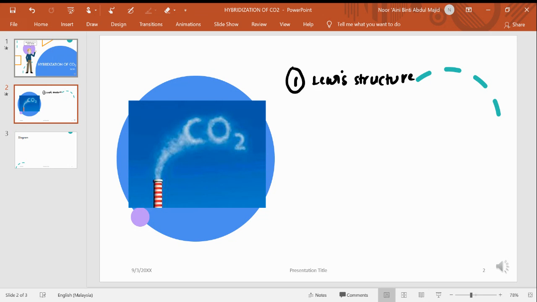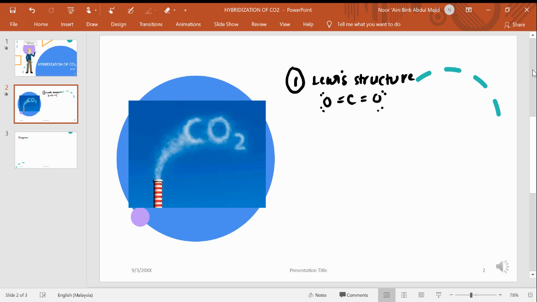That means you predict the shape. For CO2, of course, I skip the steps needed. You can do it on your own. So this is the Lewis structure and the shape is linear. Now we can proceed with the description.